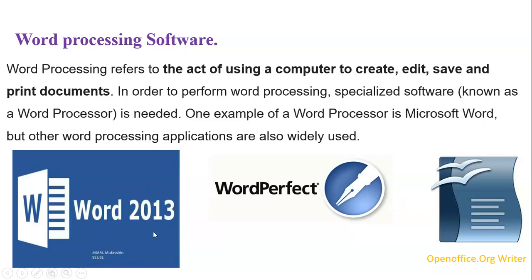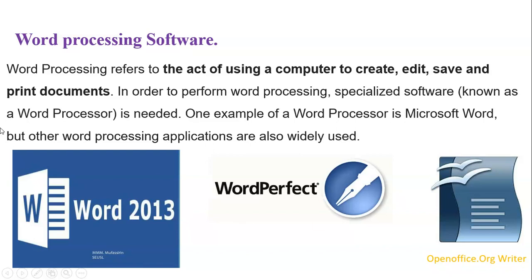One example of word processors is Microsoft Word, this is Microsoft Word 2013. Next, we have one more application, Word Perfect. This is the second application. Third one which we have is OpenOffice.org Writer.